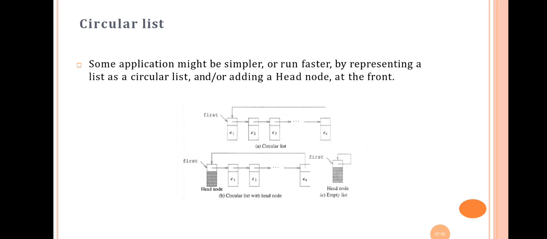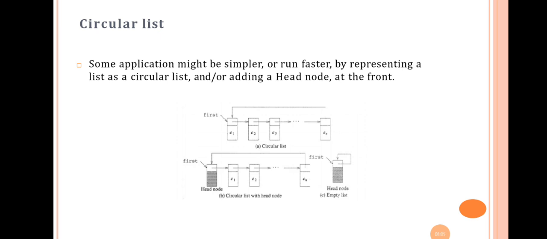Circular list. Some applications might be simpler or run faster by representing a list as a circular list and adding a head node at the front. So a circular list has a front node, and the last node is connected to it. Each node has two parts: one is a data field and another one is an address field.